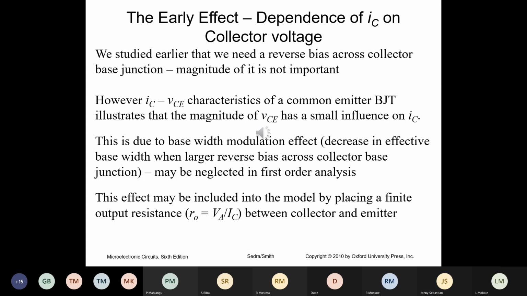The effect must be included in the model by placing a finite output resistance r0. Look, it is a very small r with a small suffix 0. That is VA over IC, between collector and emitter. The explanation in words may be a little too long to capture, but the effect is quite simple.